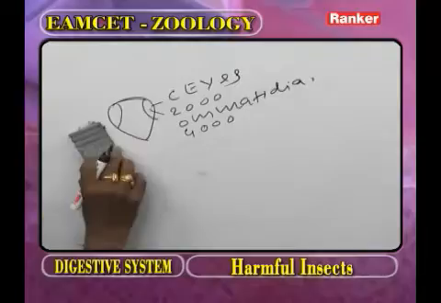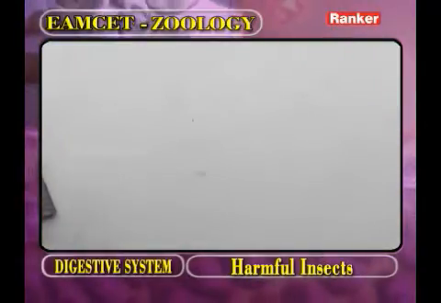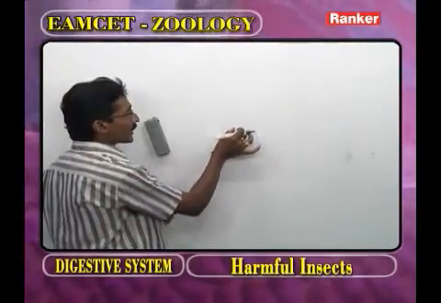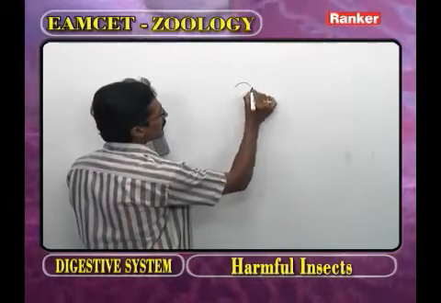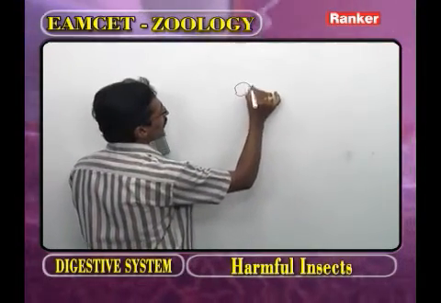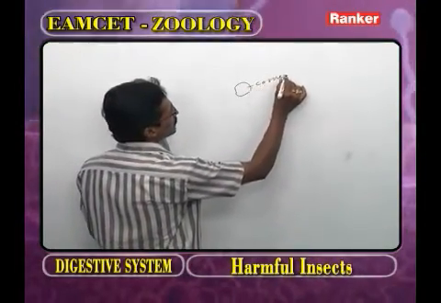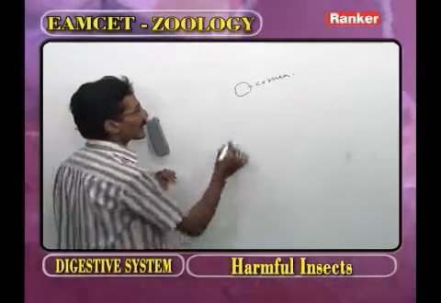Now as we observe the structure of ommatidium, the ommatidium is elongated and pyramidal. In the ommatidium, the first part we call the cornea. It is a biconvex lens.